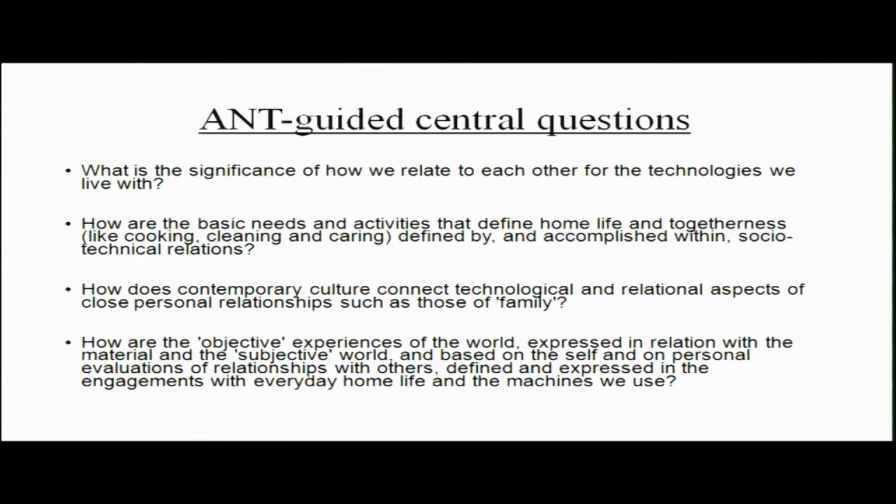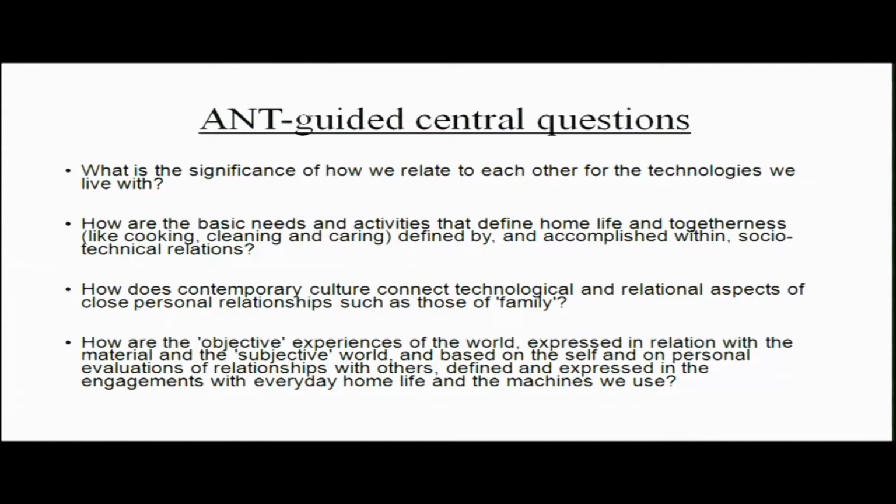How does contemporary culture connect technological and relational aspects of close personal relationships such as those of family? And how are the objective experiences of the world expressed in relation with the material and the subjective world, based on the self and on personal evaluations of relationships with others, defined and expressed in the engagements with everyday home life and the machines we use?